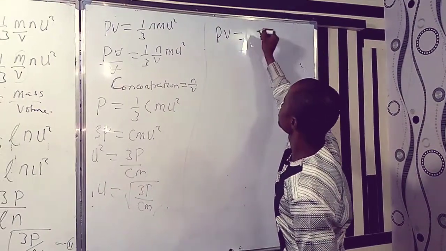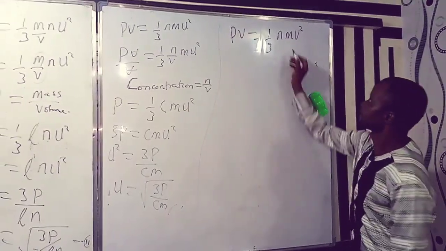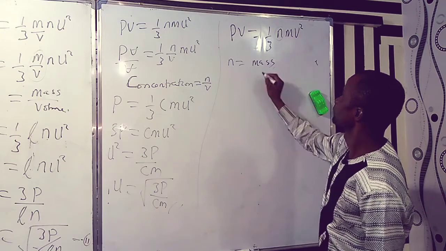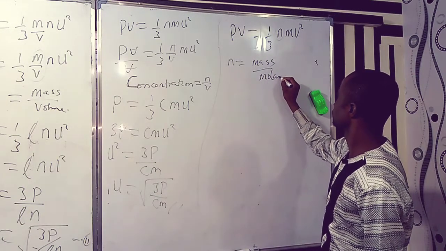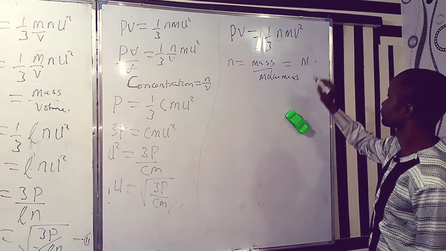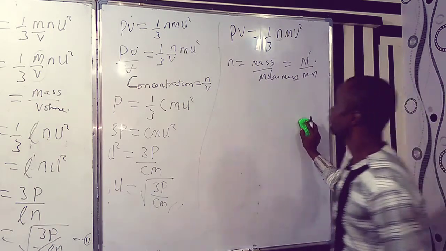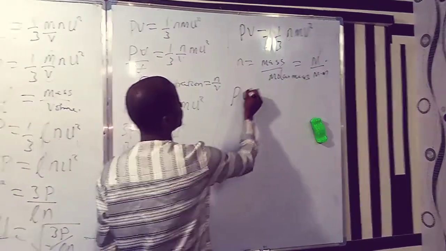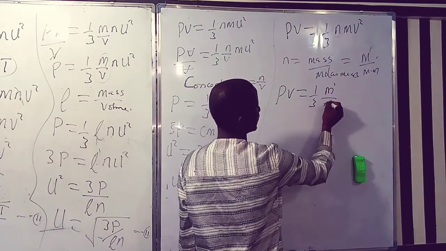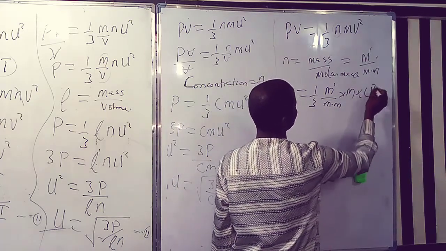That is, we have a question that involves mass and molar mass. PV is equal to 1 over 3 n m u square. Now recall that this value n is equal to mass over molar mass, which is equal to mass prime over MM. And then from here, you can see PV is equal to 1 over 3 m prime over MM times mass times u square.